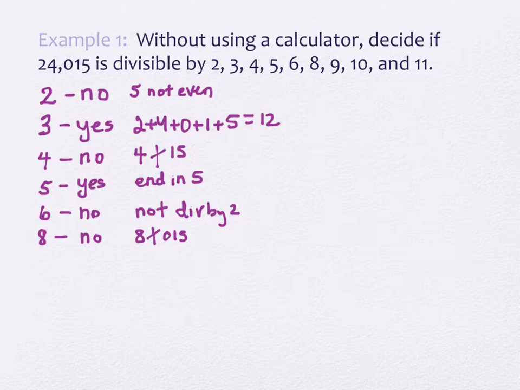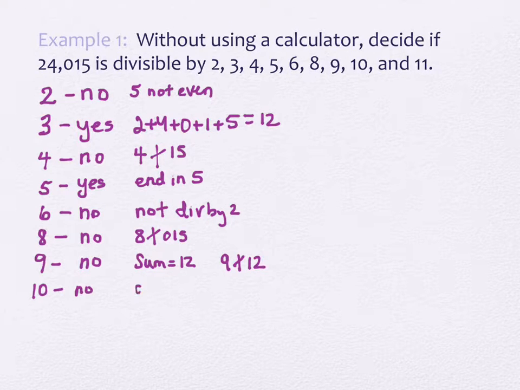I mean, if 2 didn't work, 4 and 8 have no chance. Let's see, 9 is next. No, why not? Yeah, the sum of the digits was 12, and 9 does not divide 12. 10? No. It ends in a 5. So it doesn't end in 0.